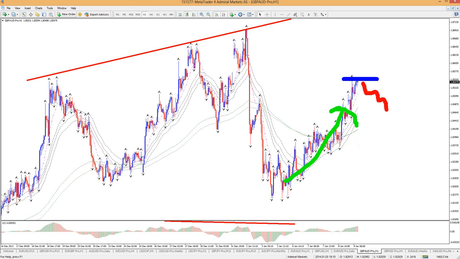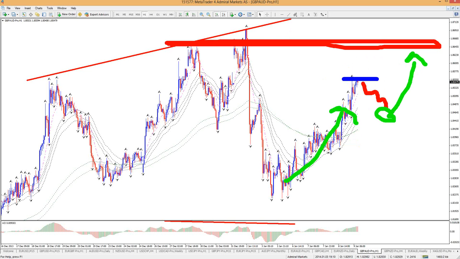So for me, the better trade seems to wait for a retrace and wait for a bounce to the upside. If one is looking for a reversal trade potentially, then maybe looking for a reversal higher around here makes more sense.